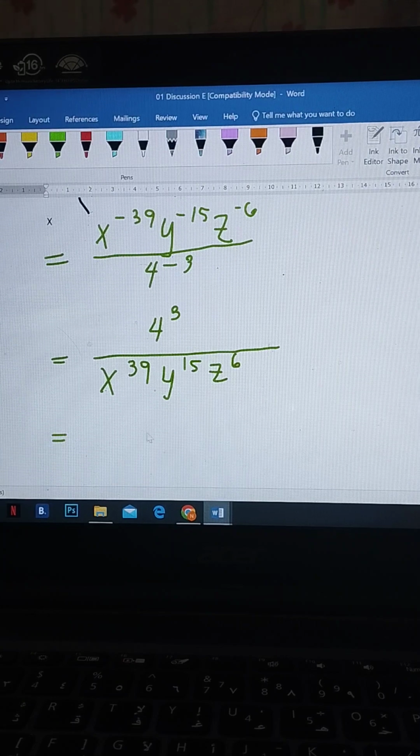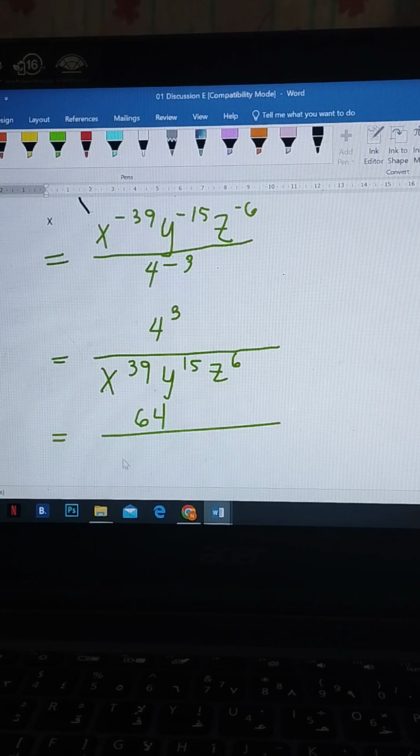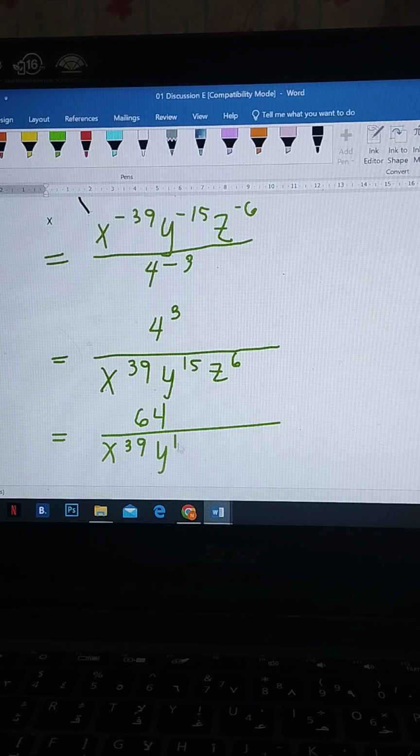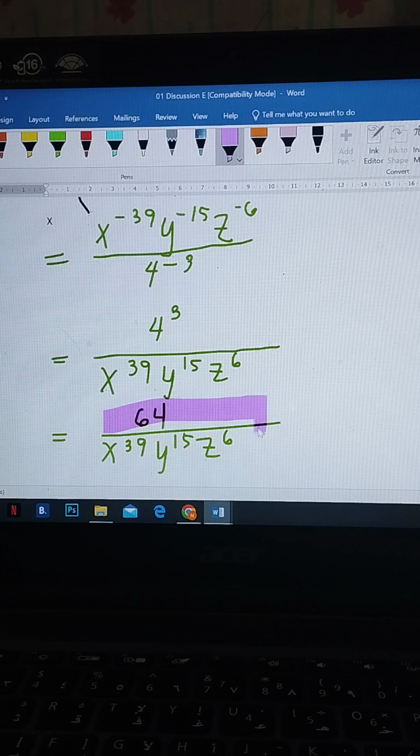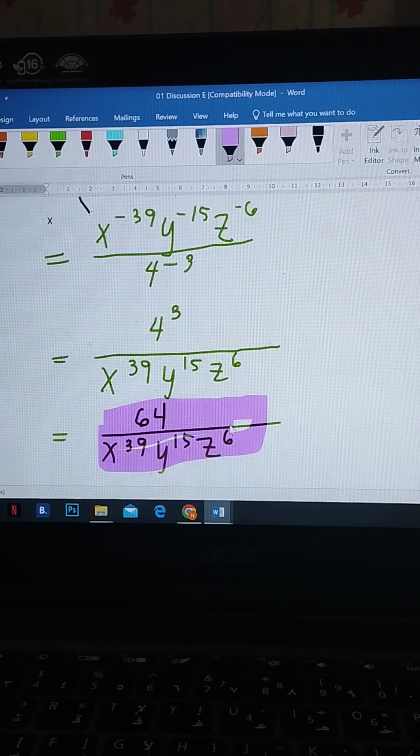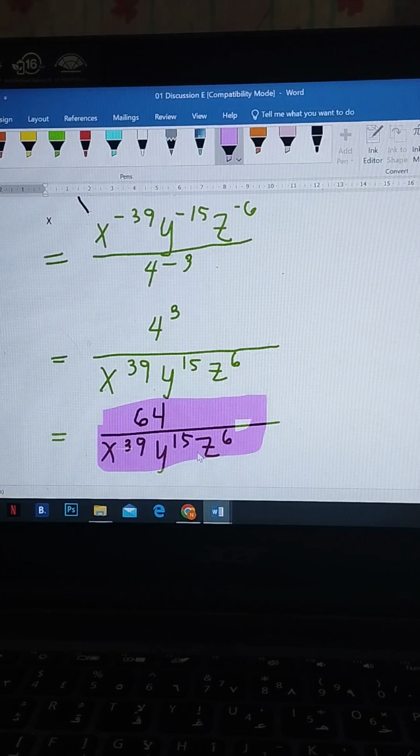So you just simplify 4 raised to 3, 4 times 4, 16 times 4, is equal to 64, all over x raised to 39, y raised to 15, then z raised to 6. So this is now the answer.